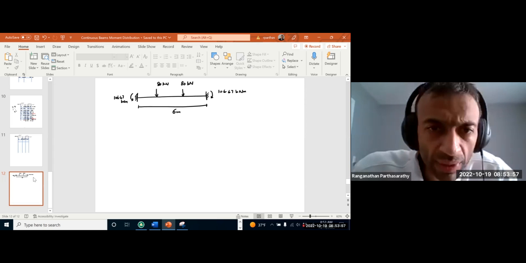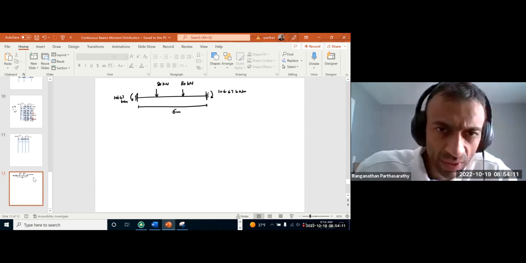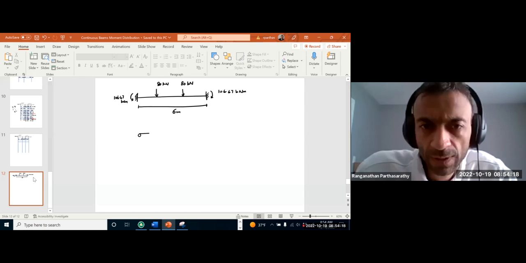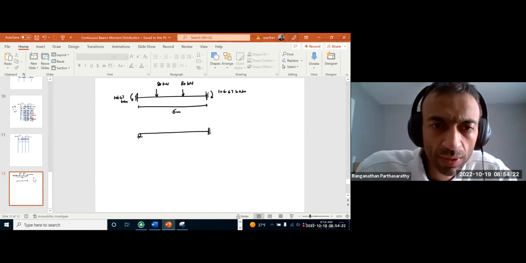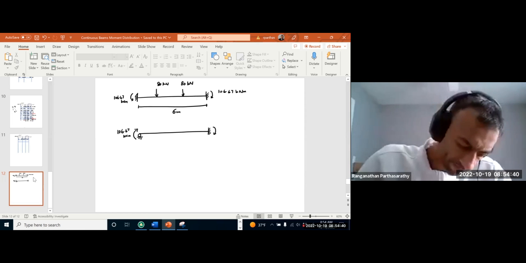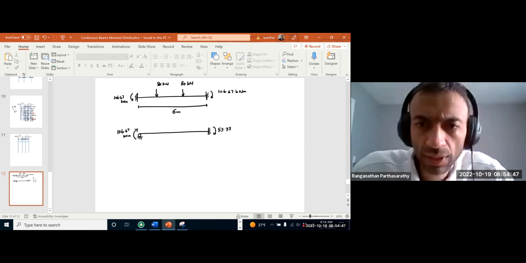But now we want this to be pinned. Therefore, we should apply negative 106.67 on this side, and half of that will carry over here. So 53.3334.